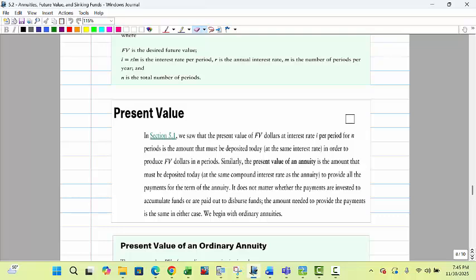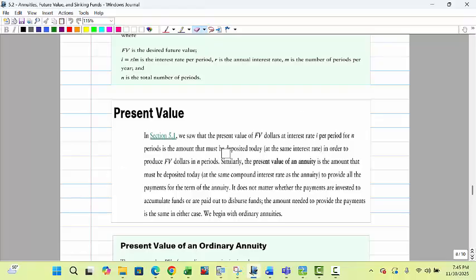So let's say you had a nice little chunk of money, whatever, inheritance or lottery or something, and you wanted to pay yourself an extra $2,000 a month for the next 20 years at whatever interest rate. You can figure out then how much money you would have to put up now to receive those payments.